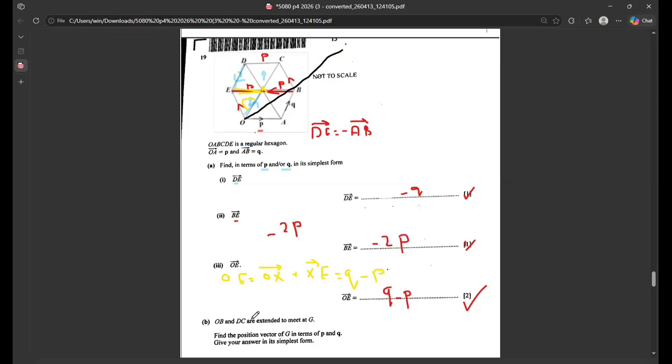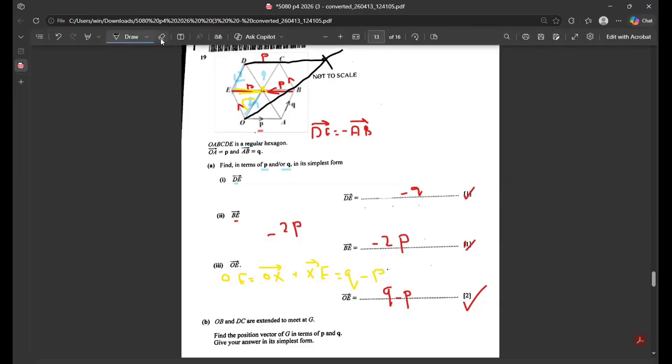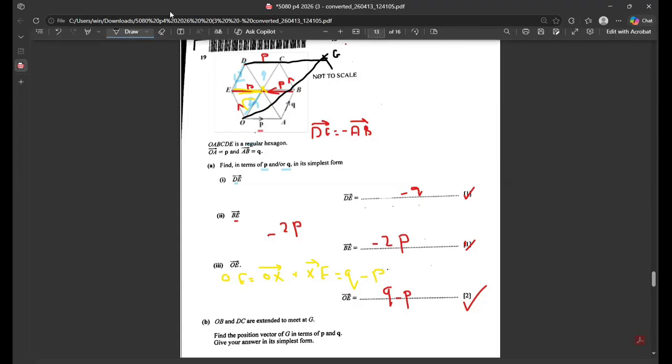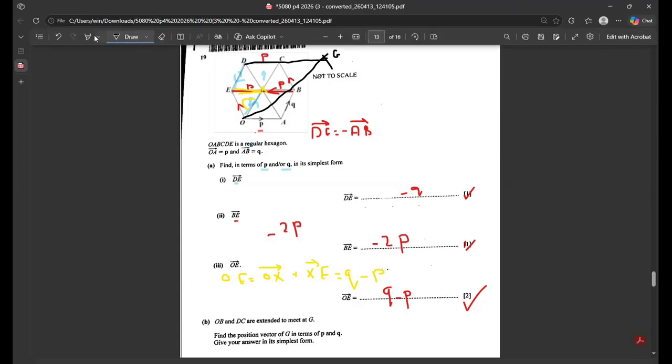And the DC, we also extend it just to get inside it here, the point G, okay? He told you here, it will find the point G. So here is G.